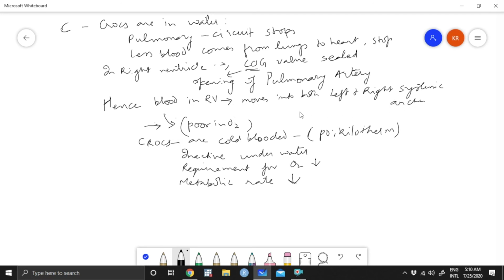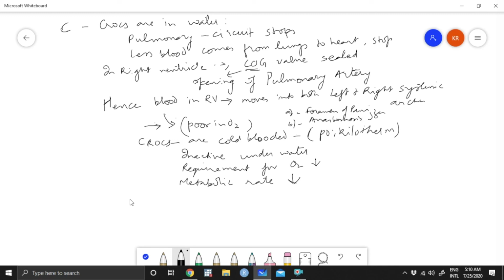This is through the same things: A, foramen of Panizza, and B, through anastomosis.